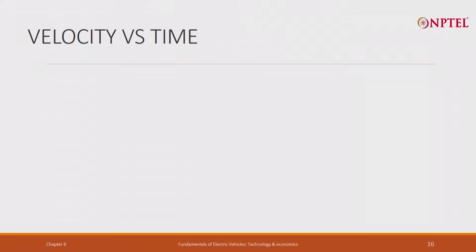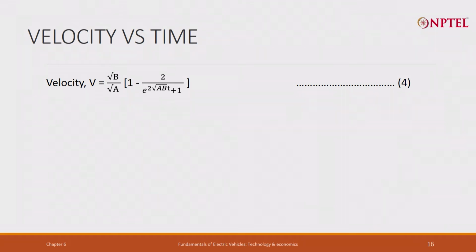If I solve this differential equation, then I will find that V is equal to a terrible looking expression like this. This is not a course in mathematics. Anyway, you all should be knowing integration. You can brush up your knowledge of integration and figure it out for yourself by solving that differential equation.